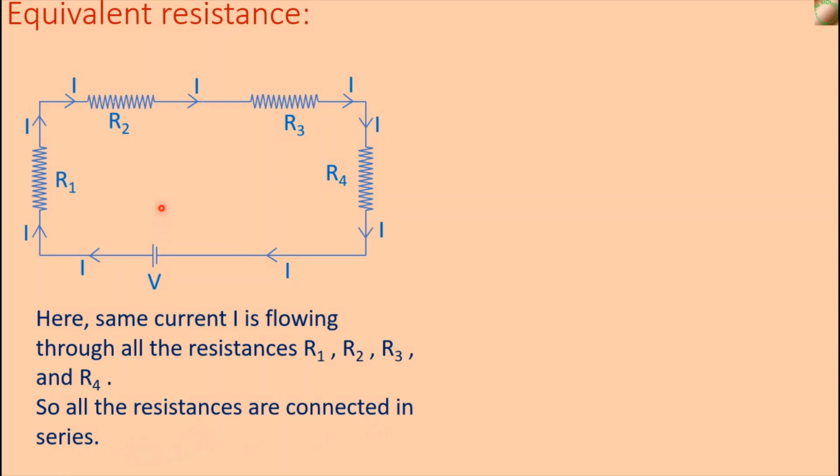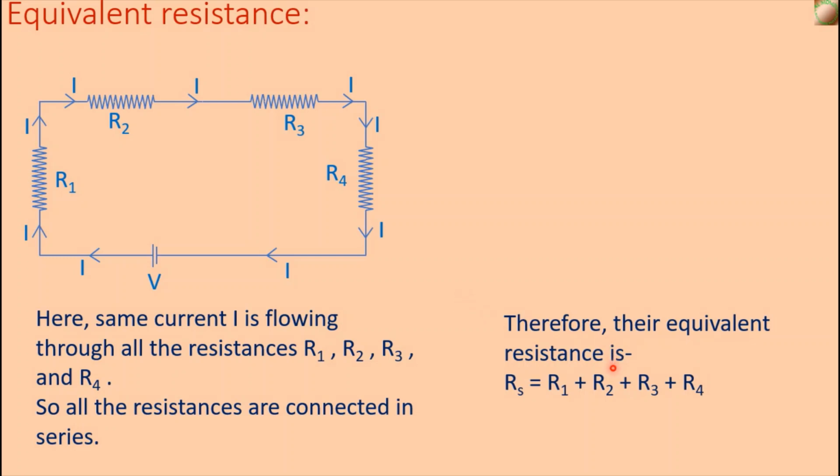We know if the same current flows through all the resistances, then the resistances are connected in series. Here R1, R2, R3 and R4, these 4 resistances are connected one after another, and same current is flowing through all the resistances. Therefore these resistances are connected in series.